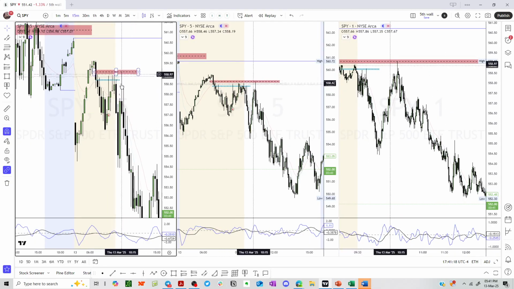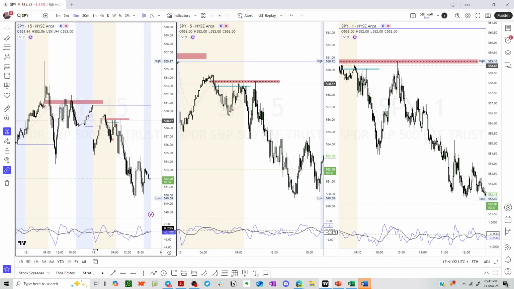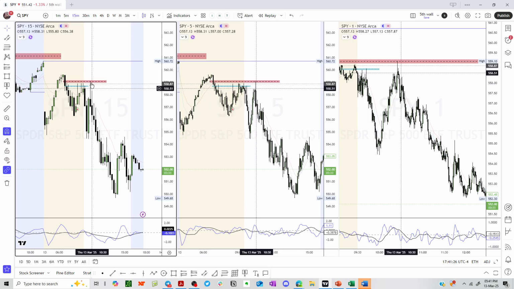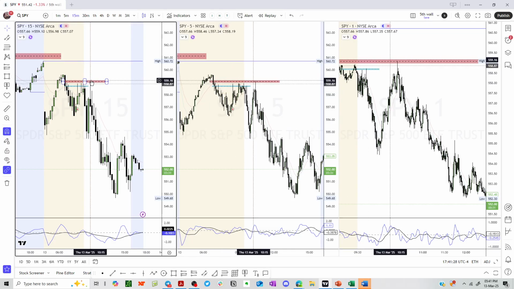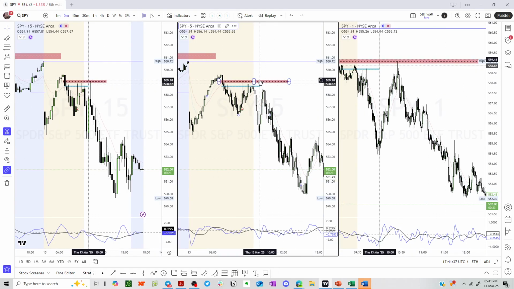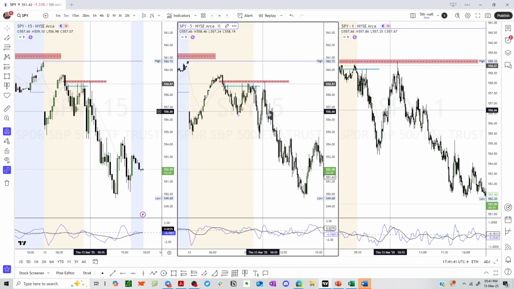We have that here. All right, so you can take that as an entry if you wanted to here. Short. We have a run on stops. So now that's clear on this time frame.